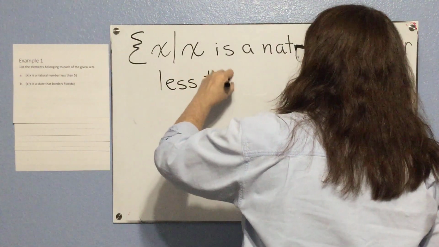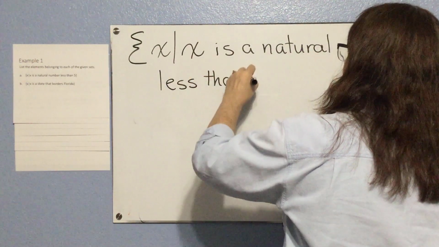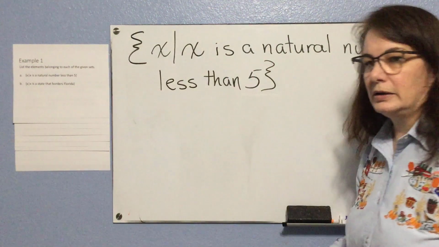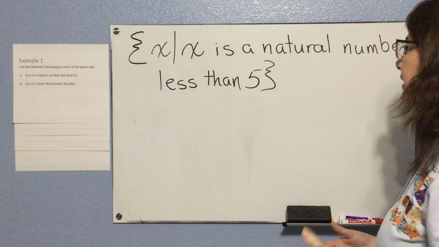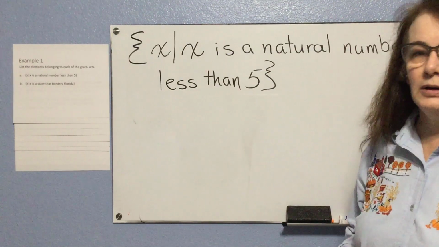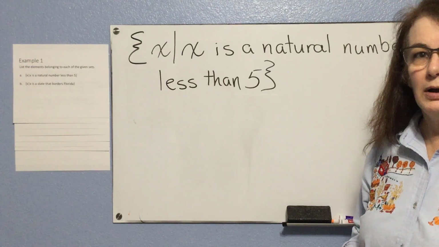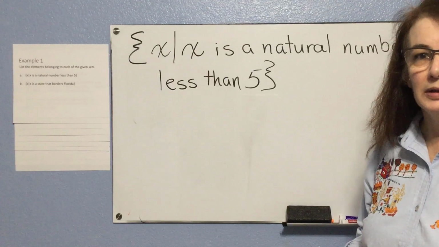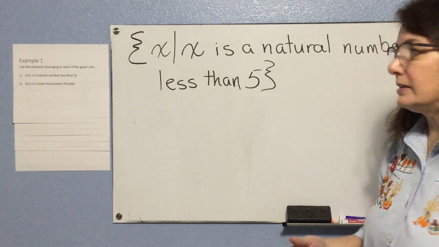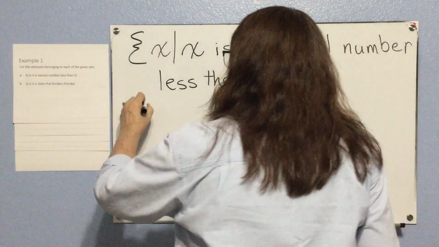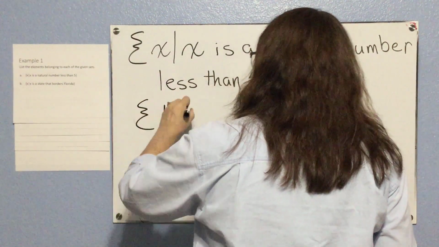I think you might all agree with me that this is kind of a cumbersome way to write this set. X such that x is a natural number less than 5. Recall that the natural numbers are also sometimes called the counting numbers. So when we count, we start with 1. So the set of natural numbers less than 5 could be written much more easily like this.